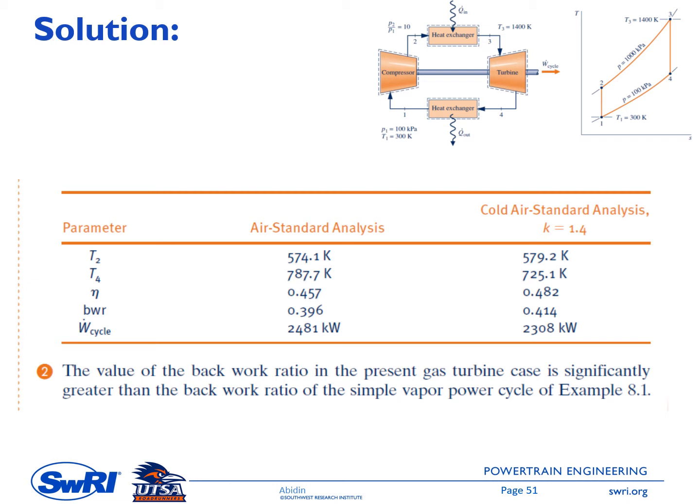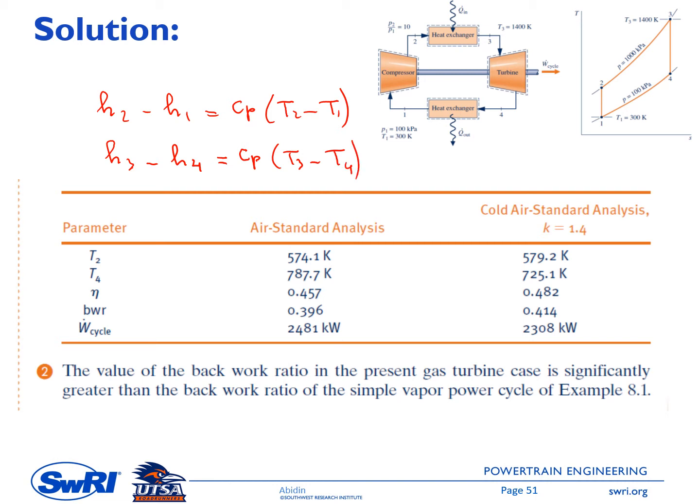For the enthalpy difference, for example, like calculating H2 minus H1, you need to replace it by Cp times (T2 minus T1). Similarly for H3 minus H4, which is the turbine power per unit of mass, you need to get this from Cp times (T3 minus T4).